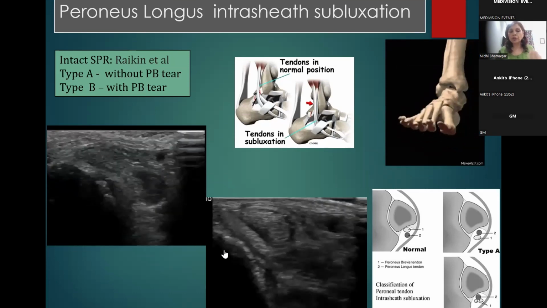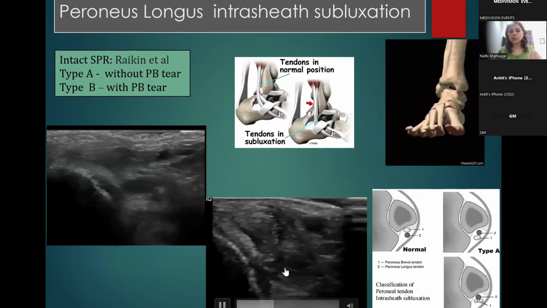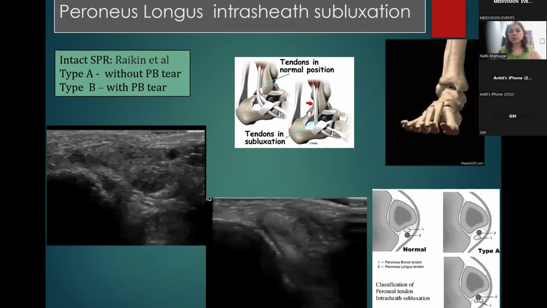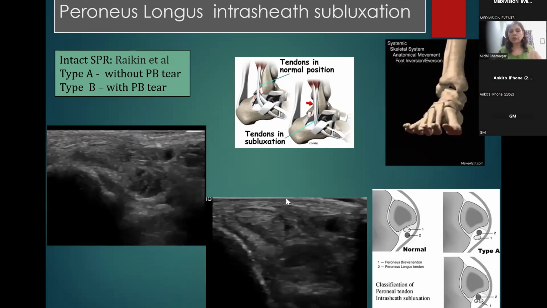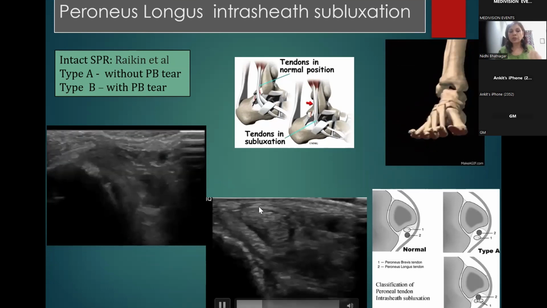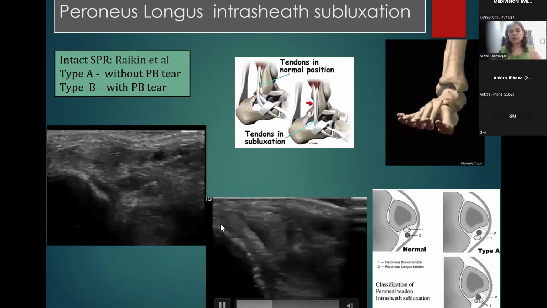Now in this second clip, as you can see, this is a little more aggressive peroneus longus, which is placed between peroneus brevis and the cortex. But more importantly, as you can appreciate, it is actually pressing there. Do you see how it is just pushing that SPR away?